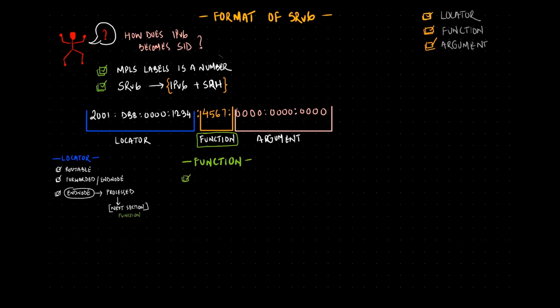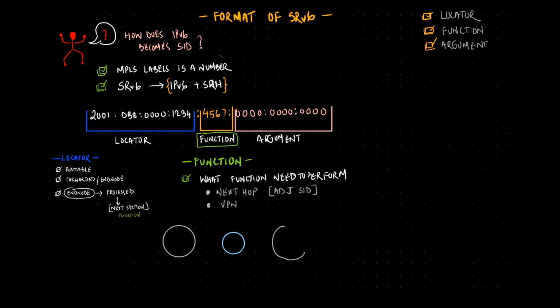It is specific information that the destination segment should perform, whether we need to go to the next hop like an adjacent SID, or whether it is an L2 VPN or L3 VPN, so whether we need to pass the traffic to a specific next hop.